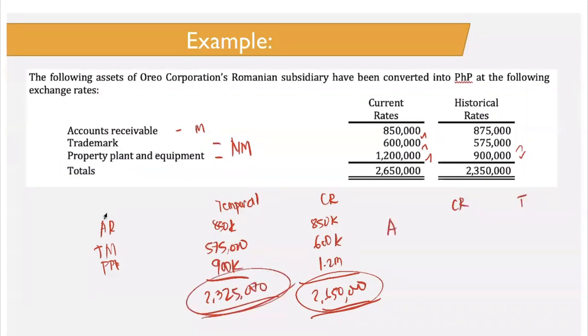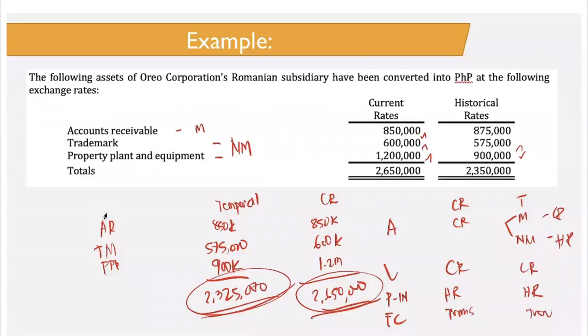For asset, closing rate method, closing rate. For temporal, we look for money, non-money. Money, closing rate, non-money, historical rate. Liabilities, both at closing rate. Paid in capital at historical rate. And for earned capital, it is translated using the rule that your beginning RE should be at its initial translated amount.